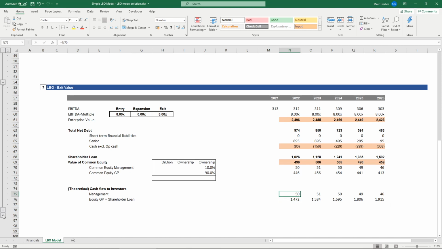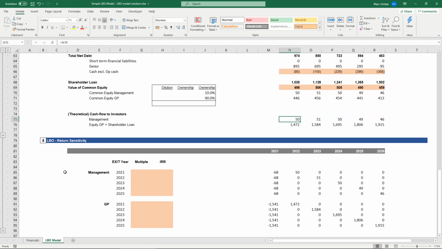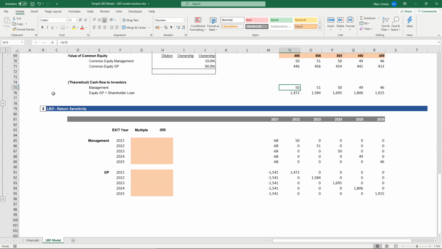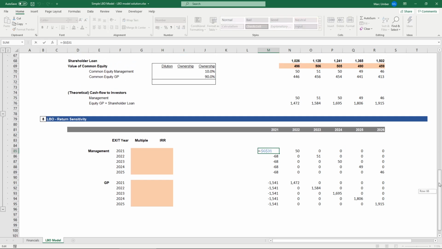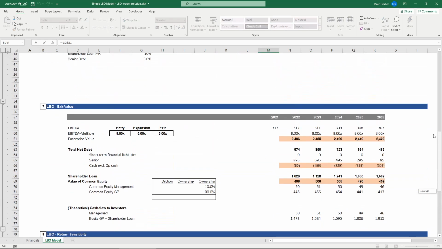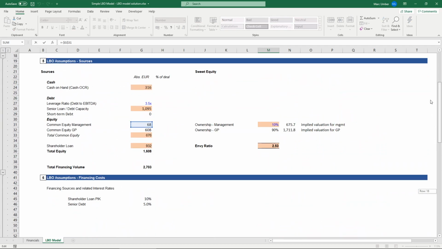Let's move to the next step. Expand this section 8, LBO return sensitivity. In this section, we already have a matrix that directly links to the initial payment that comes from the management in G31, which was 86.